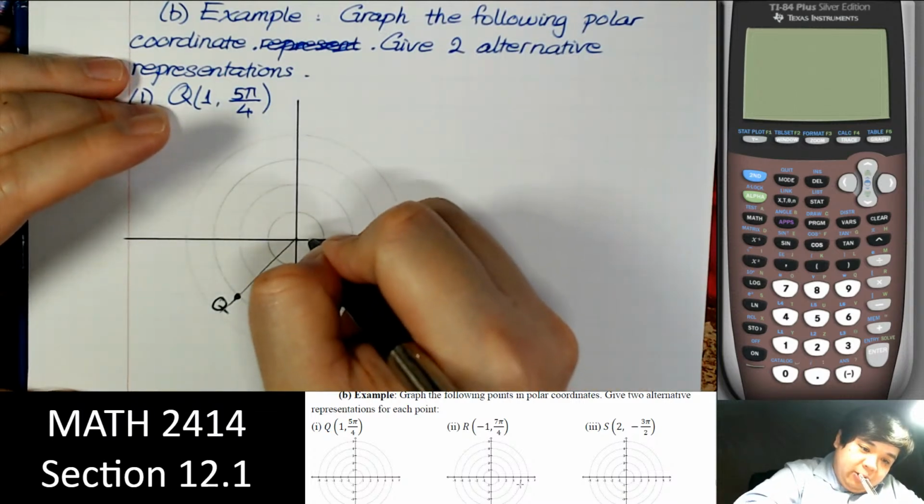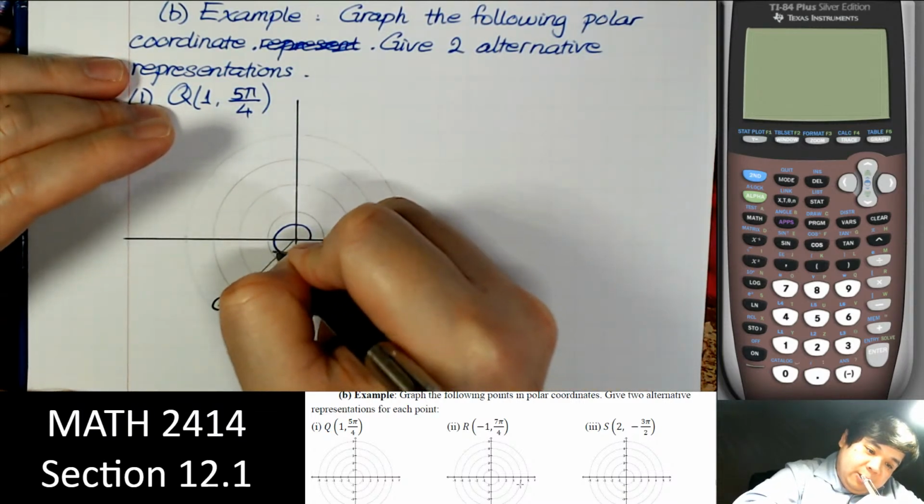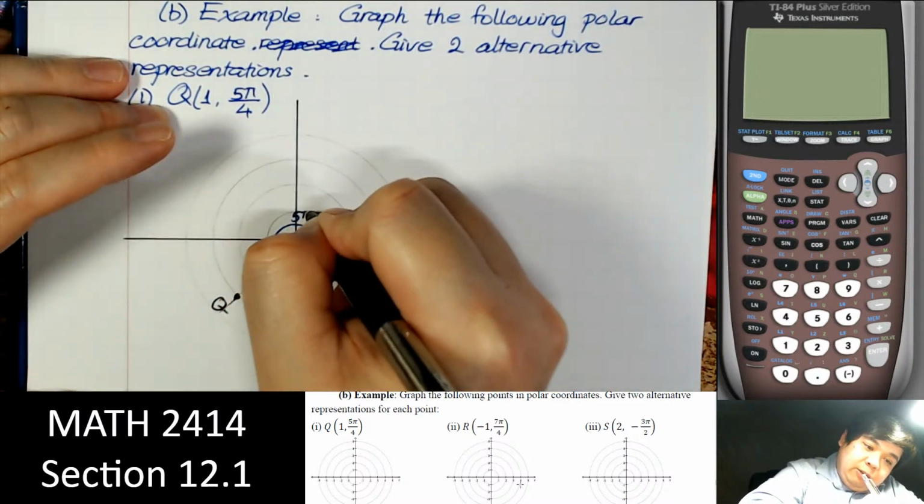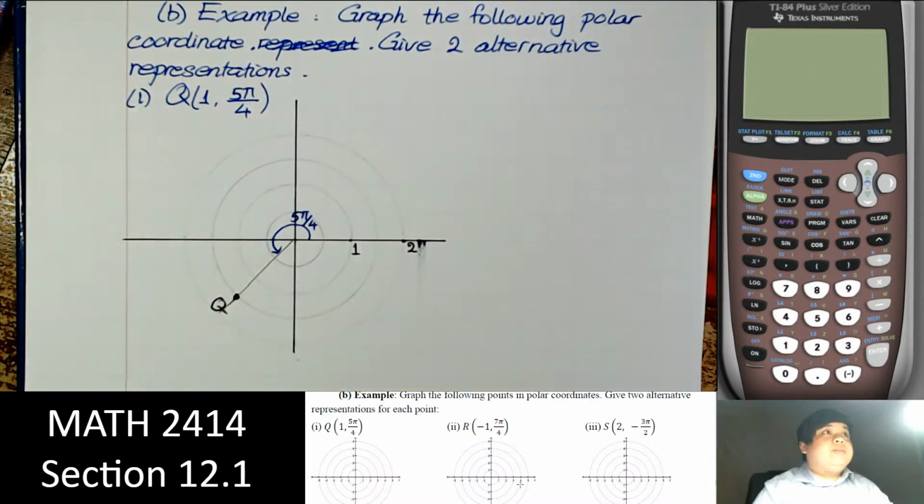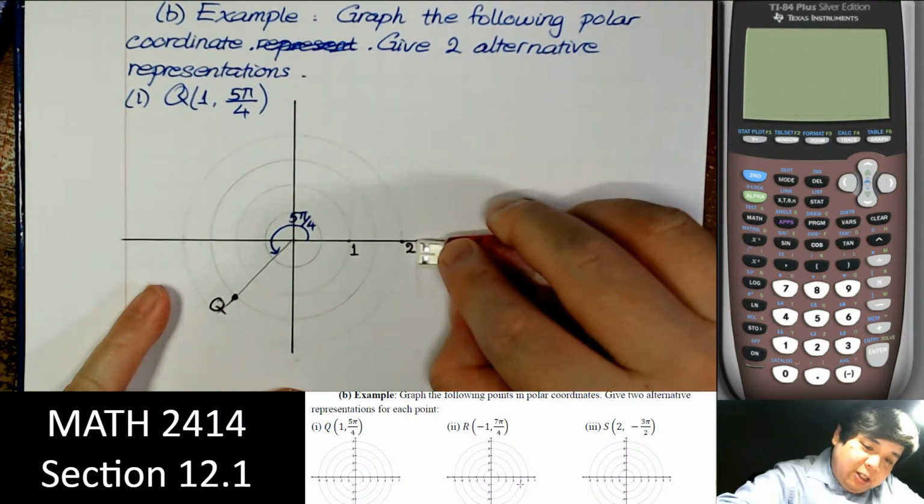And so we go an angle of 5 pi over 4. So that is point Q, right? So just draw concentric circles and we do that.